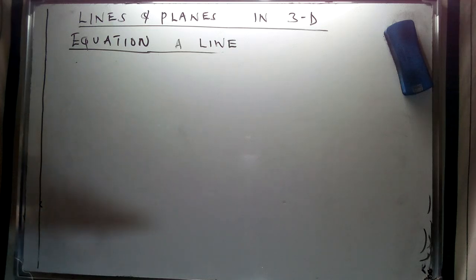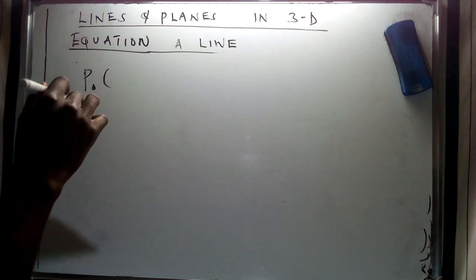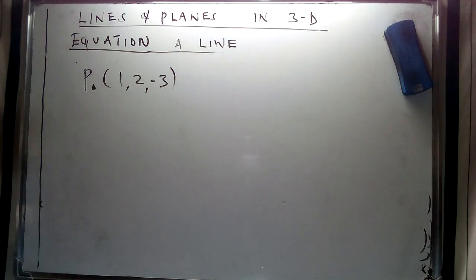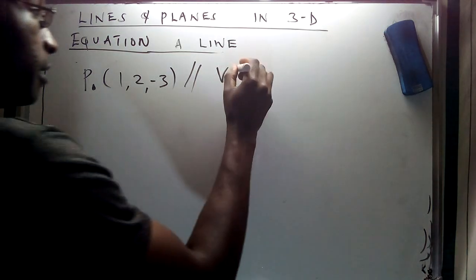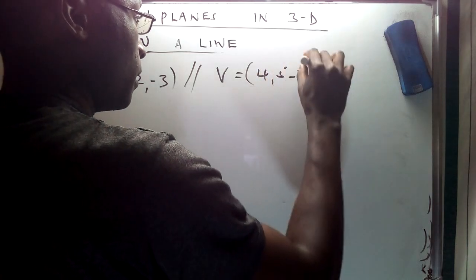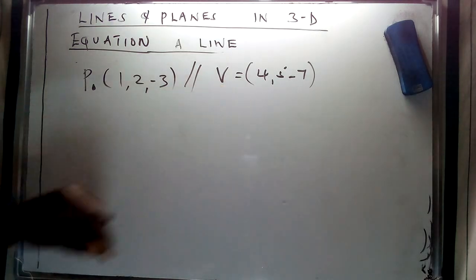It states: find the parametric equation of a line passing through the point P0 with coordinates 1, 2, -3, and parallel to the vector v, given as 4, 5, -7.